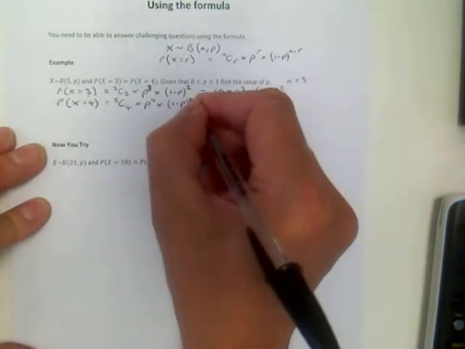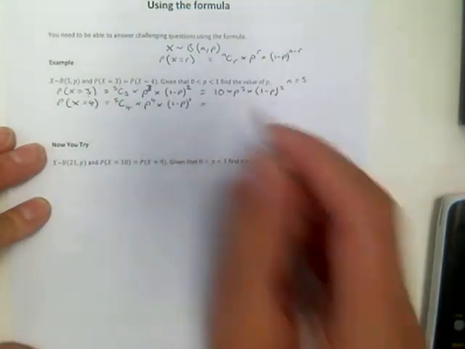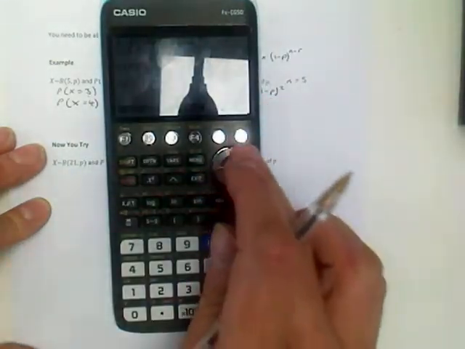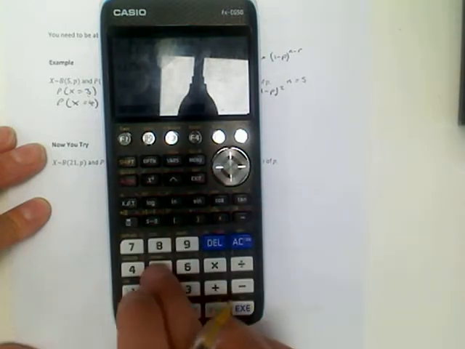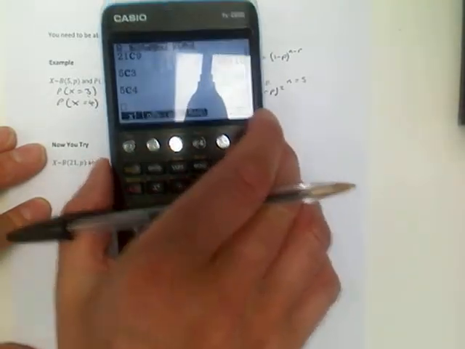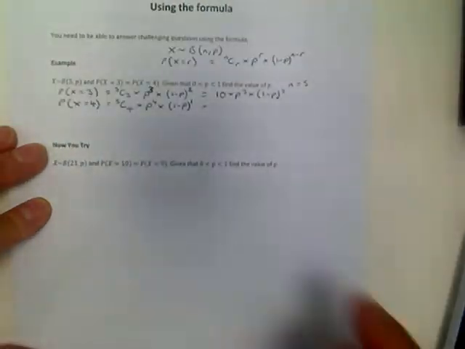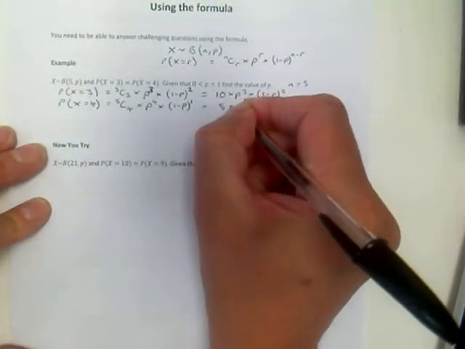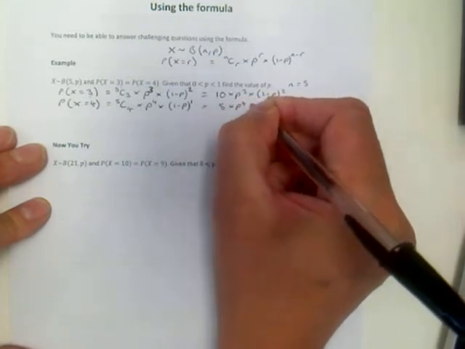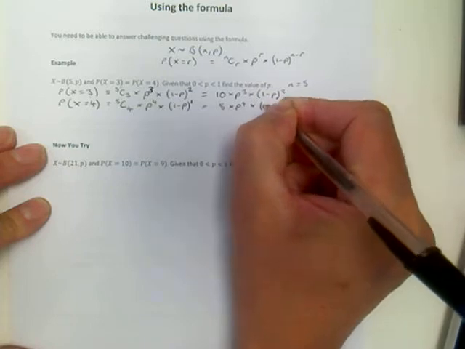So 5 minus 4 is 1. These two again add up to the 5. Do my 5C4 on the calculator, and I get 5. So I've got 5 times p to the power of 4 multiplied by 1 minus p.